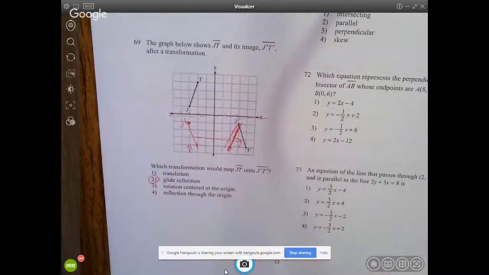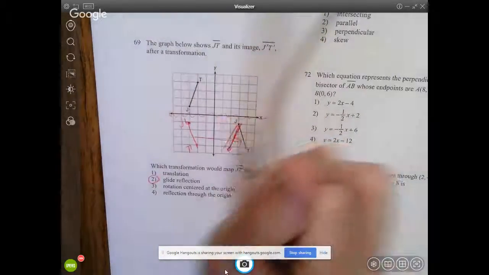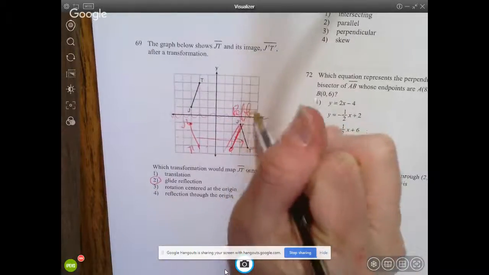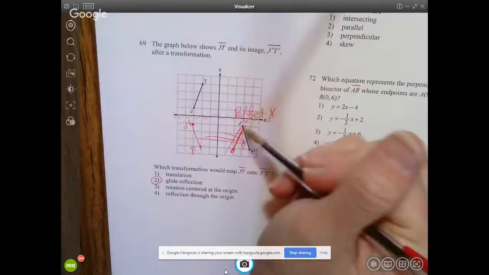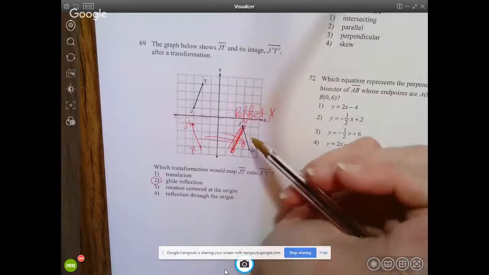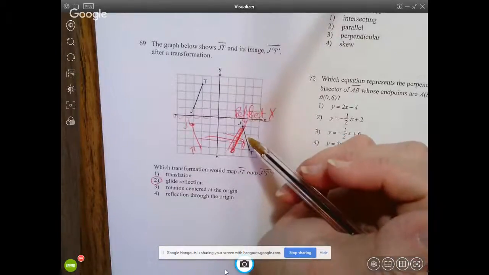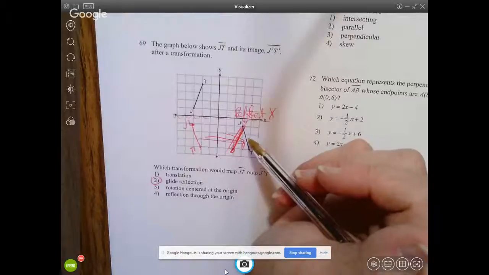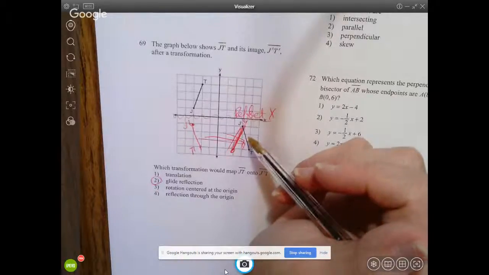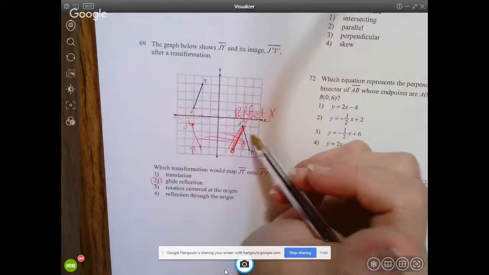Wait, you think it rotated first? No, it reflected on X, and then it translated over. I was saying it would be this line if it was a rotation. So, glide reflection is when it reflects first and it translates? Or translates then reflects. But it's 2 in 1. It's just one term for two things.